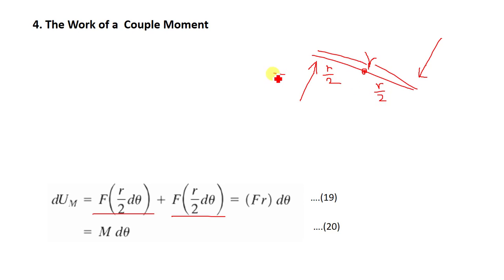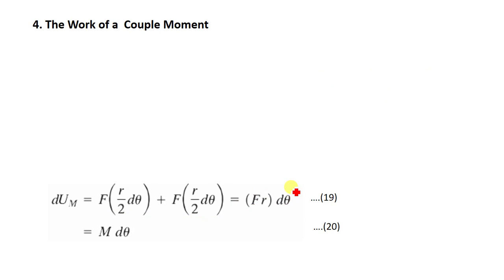If F1 and F2 are equal, we can simply add them, and when you add this part and this part, you get F r d theta. This is what we're going to get.